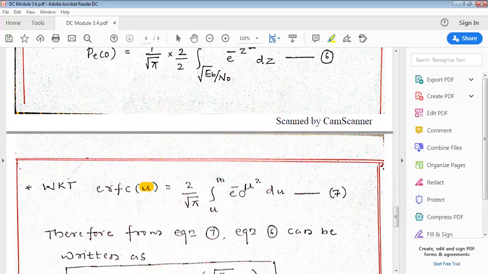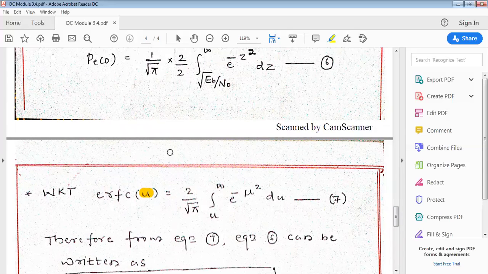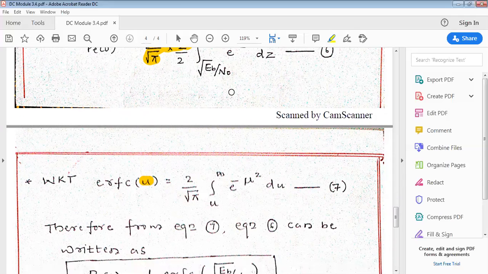Therefore, from equation 7, equation 6 can be rewritten as 2 divided by square root of pi, into this u. In place of u, what we have is square root of Eb by N naught, and z square is u square, right?